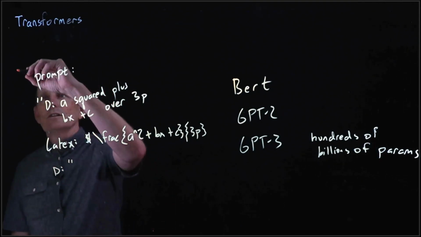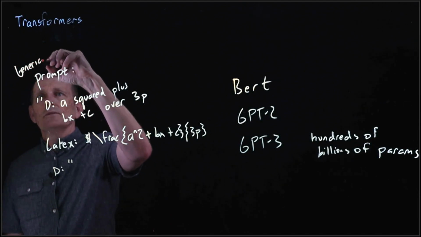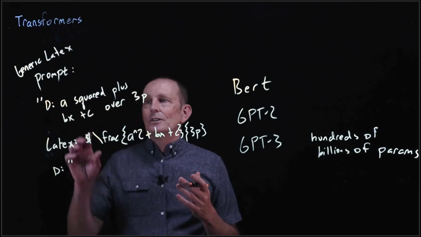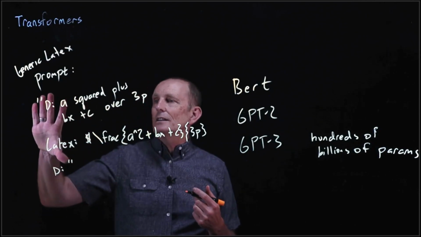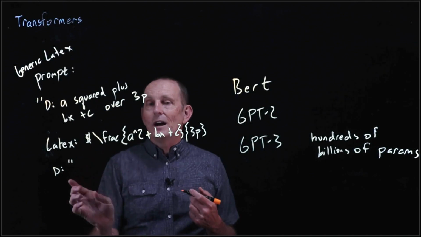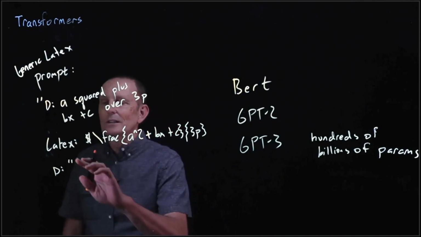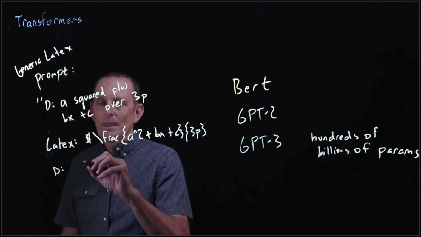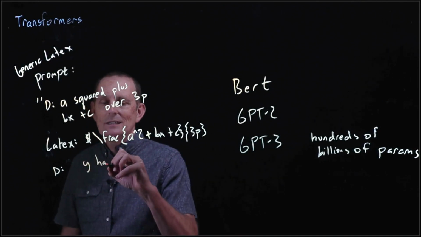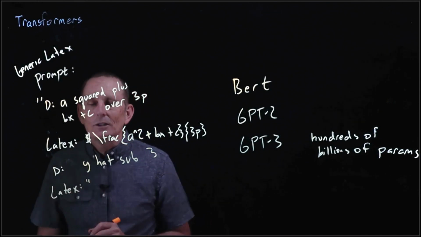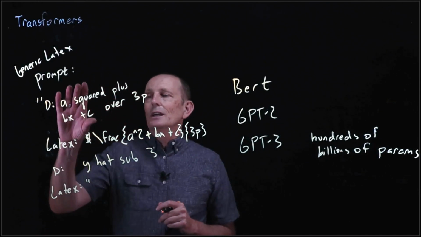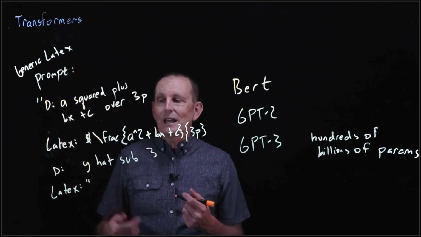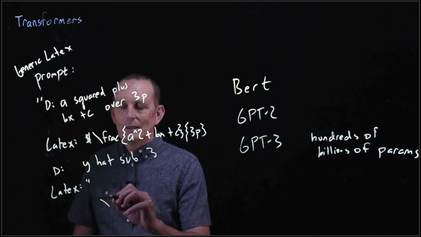So this could be your sort of generic LaTeX prompt. And then if you want to translate a particular description into LaTeX, you would feed this, followed by your description, followed by the word LaTeX. So if you had a particular description you were looking for, like let's say y hat sub 3, and then you put in your LaTeX prompt, you could then feed this into GPT-3 and get the corresponding LaTeX out.